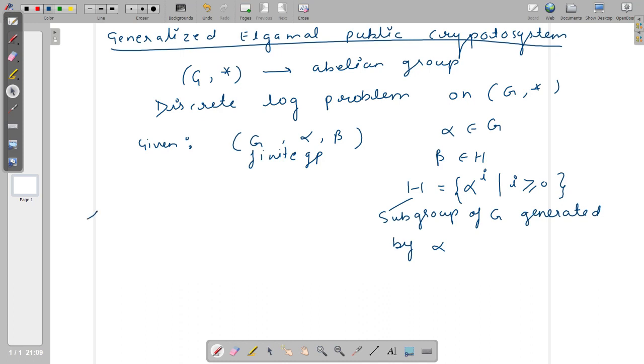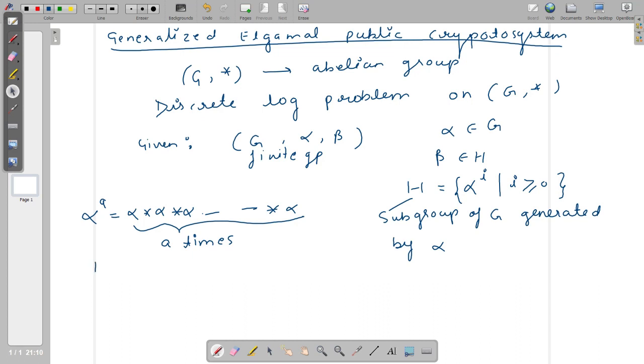Now if we write alpha to the power A, it means we are multiplying alpha with alpha up to A times. So this is alpha into alpha into alpha up to A times.